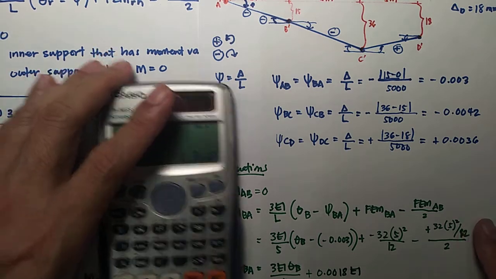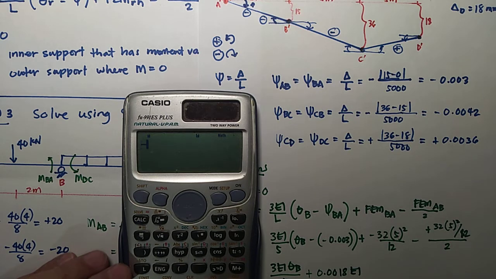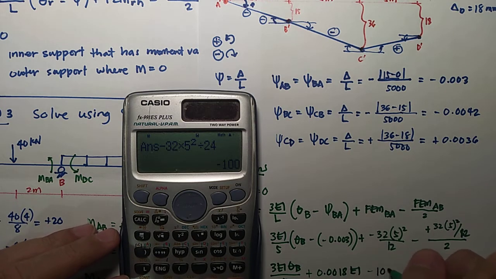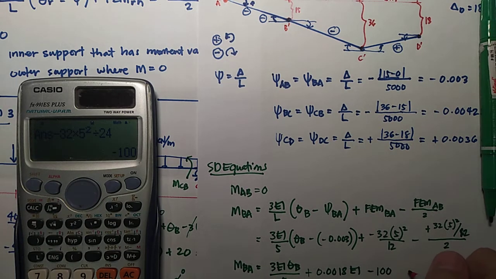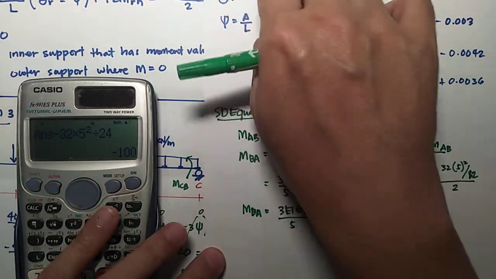Then this one. Okay, so this would be negative 32 times 5 square over 12 minus 32 times 5 square over 24. So that's negative 100. Minus 100. So that is our first equation. Okay. Next. What would be our next equation? So A, B, BA. Tapos na tayo.